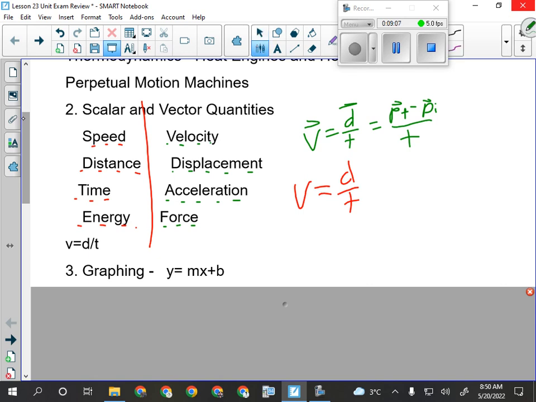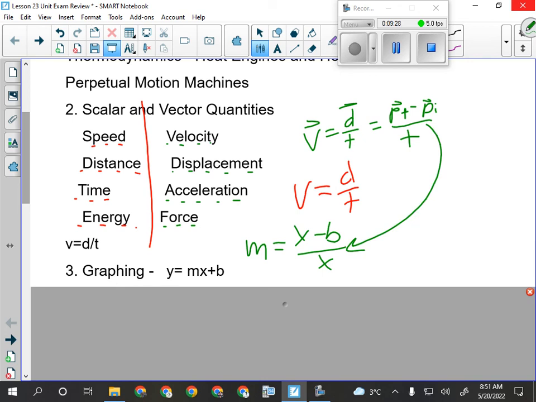If I'm solving for M on a position versus time graph, y is my final position, b is my initial position, x is time, I'm solving for velocity.